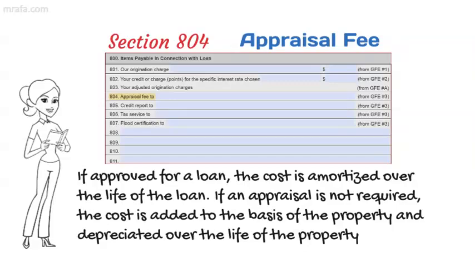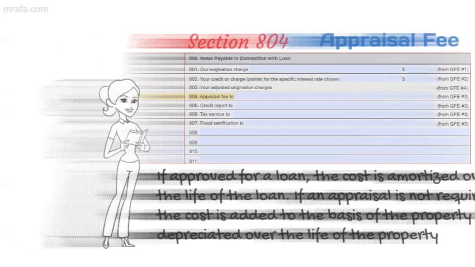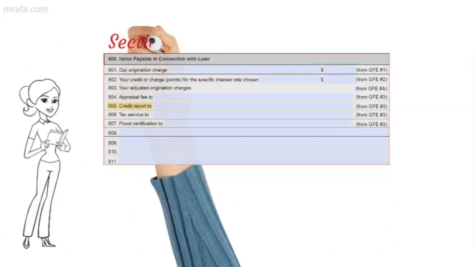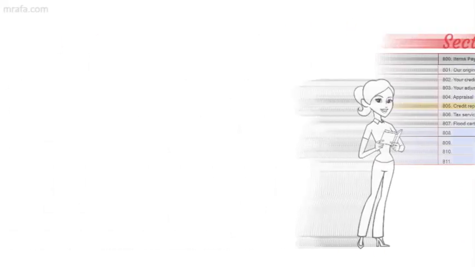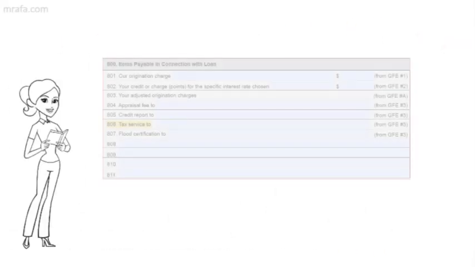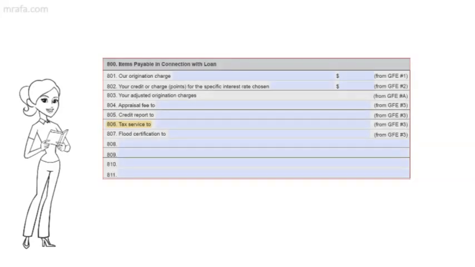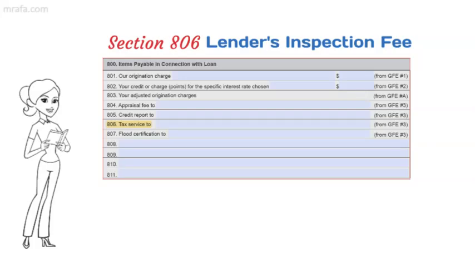And then there will be appraisal fees and credit report fees, which you will see in Section 805. 806 is the lender's inspection fee. You actually should do this. Make sure that the property is inspected, because there are a lot of things that will come out when there is a professional inspector, because there are things that you cannot just see by looking at it.